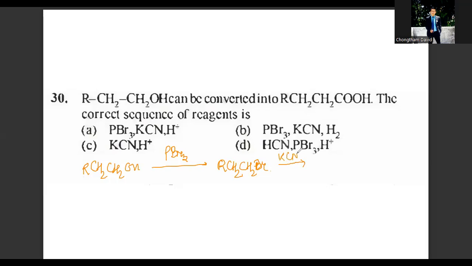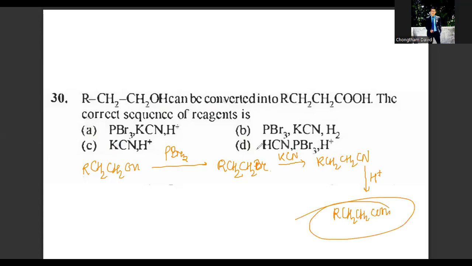When this is further treated with potassium cyanide, it changes to alkyl cyanide, and acidic hydrolysis gives carboxylic acid. So the sequence of reaction will be, not D, it will be A. It will be A, 1, 2, 3. Not D, A.